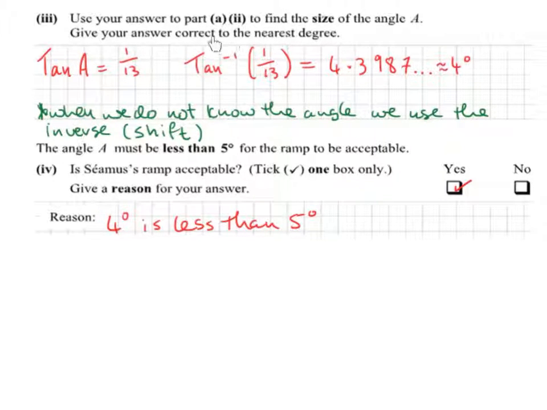So this is known as the inverse of tan. A bracket will open. We press the fraction button, and we put 1 over 13, and then we press the close bracket button. It's important that we close the bracket. Then we press equals, and we get 4.3987 dot dot dot.